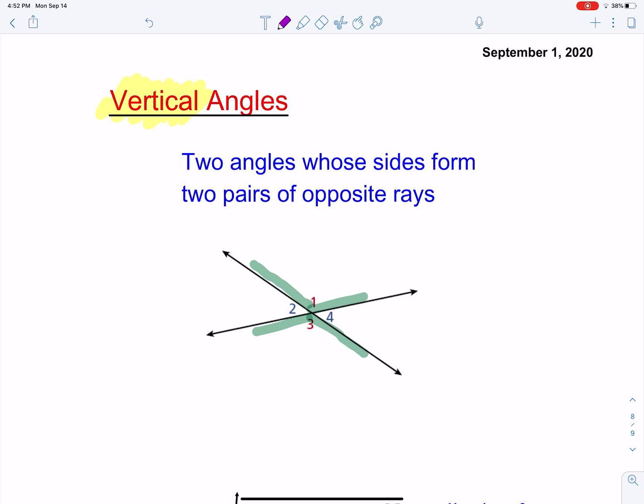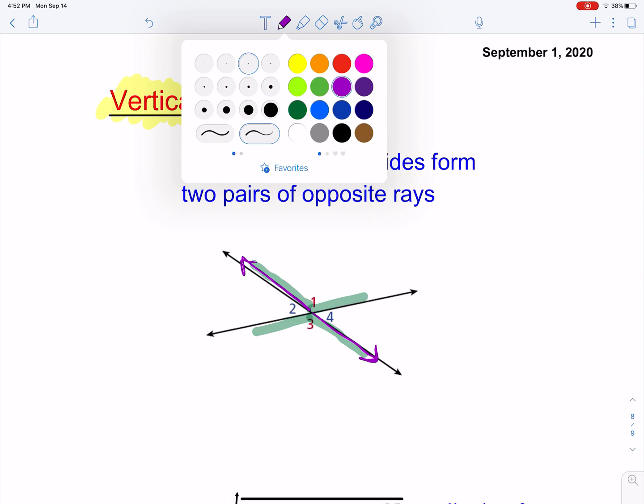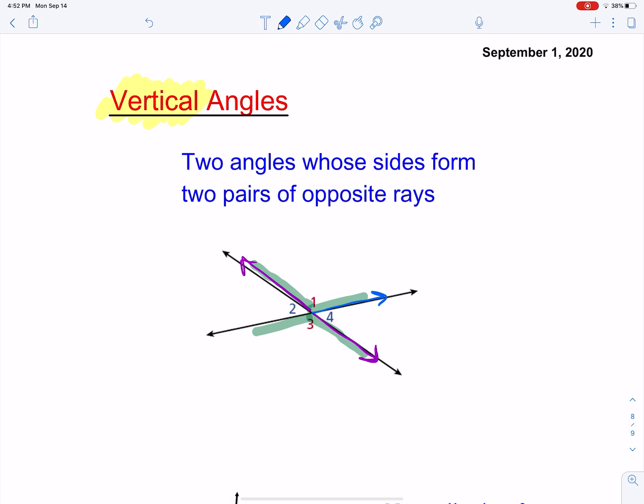Those sides, we have one pair of opposite rays and another pair of opposite rays. So when two lines intersect, the vertical angles are kind of like kitty corner, I don't know the phrase, to each other. So angle 1 and angle 3 are vertical, and then we have another pair, angle 2 and angle 4 are also vertical angles.